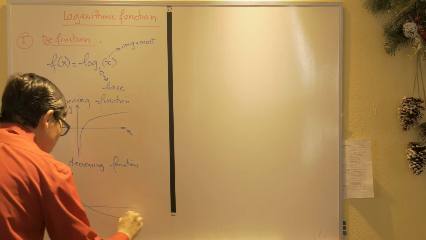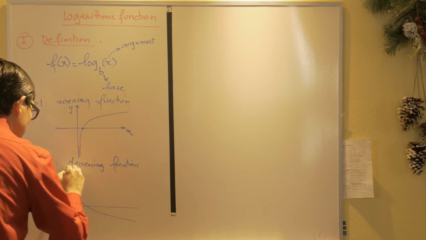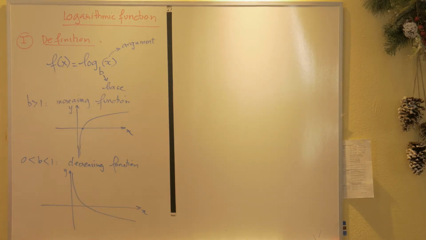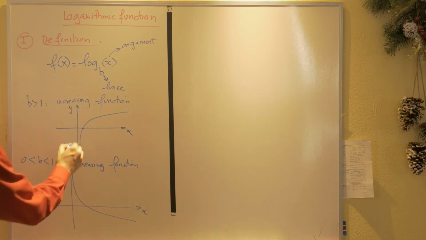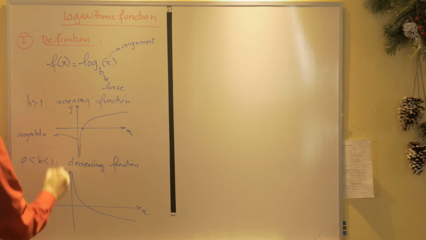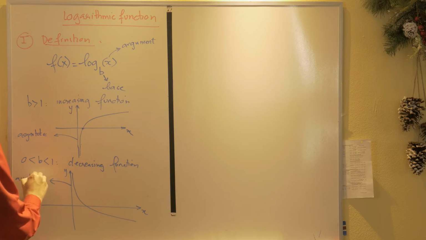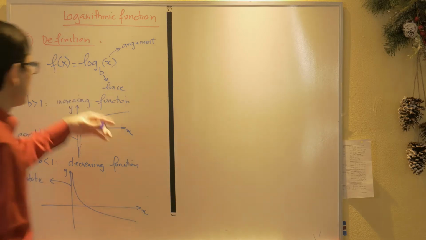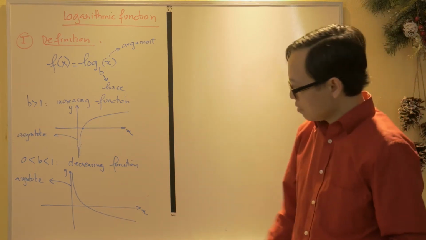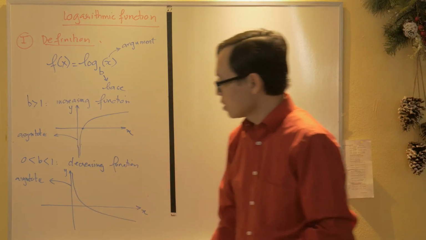It still cuts the x-axis, I'm sorry, but it never crosses the y-axis. So the y-axis is still considered the asymptote. Of course, because this is the very standard form, the vertical asymptote is the y-axis.